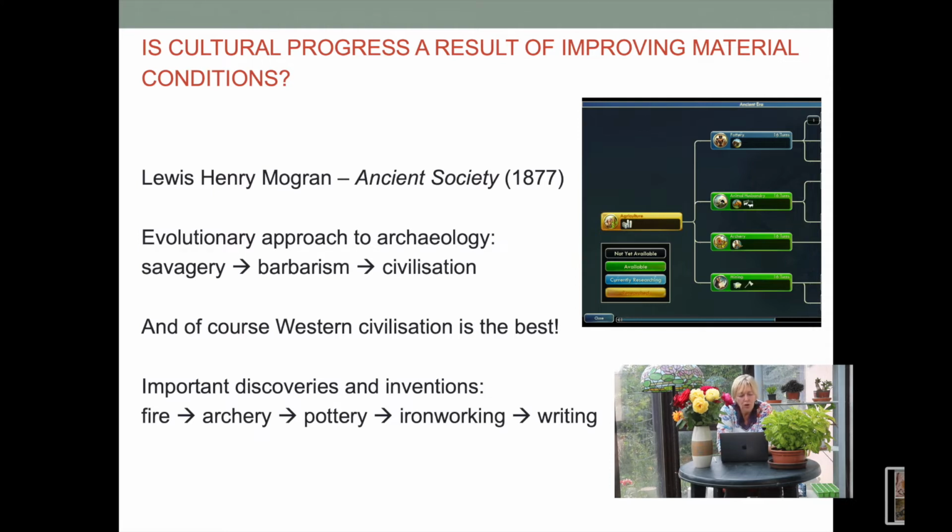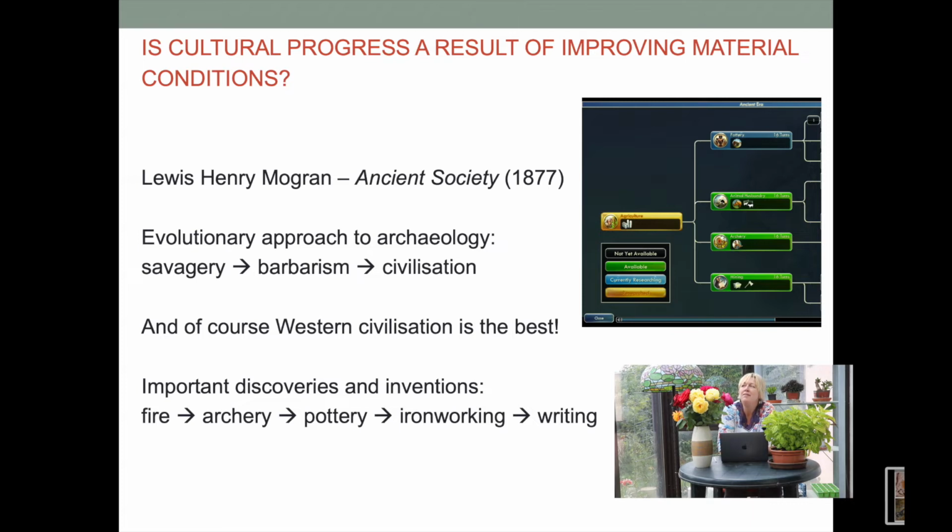So what would be logical was, let's say, that the easiest, the most basic discoveries, like the discovery of fire, would lead to discovery of something more advanced, like pottery or ironworking or writing.